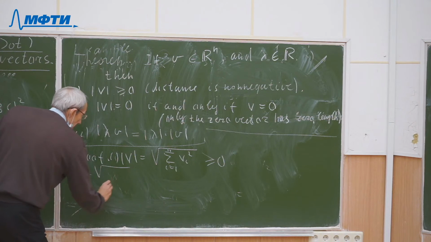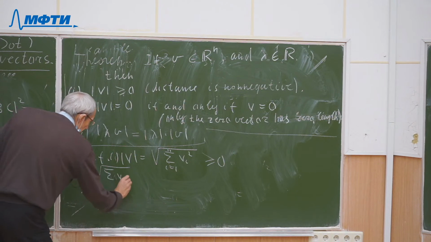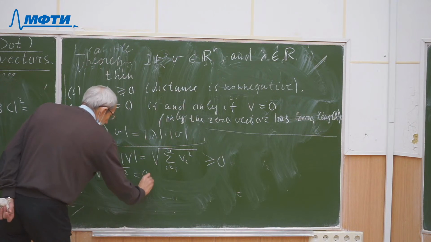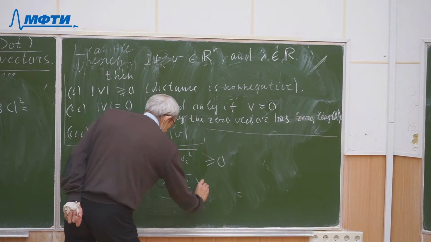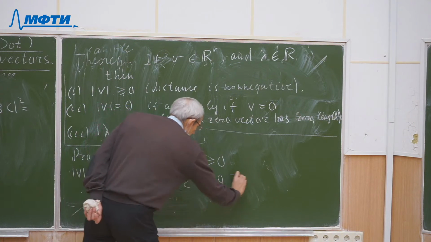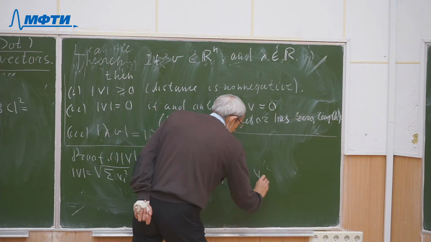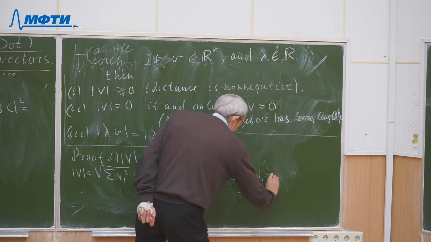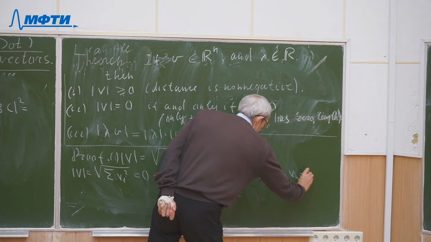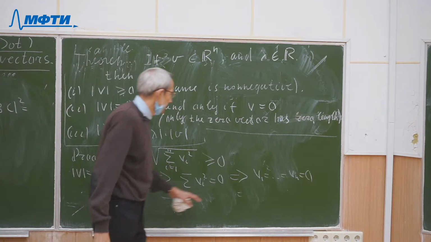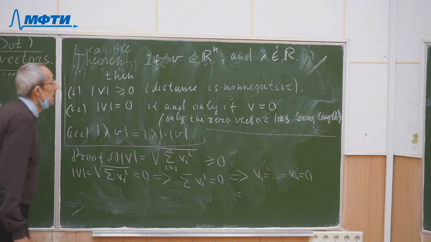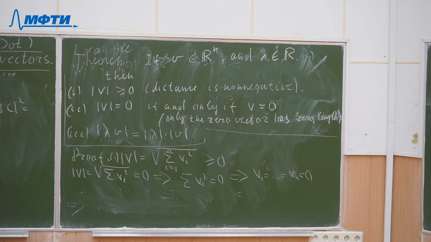If such a sum is equal to 0, it is easy to deduce that all coordinates are also equal to 0.